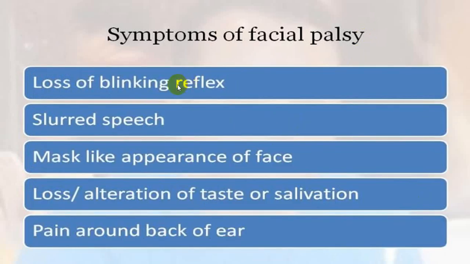So loss of blinking of the eye, slurred speech, mask-like face appearance, loss of taste sensation and salivation also, and pain around the back of the ear. This is classical in case of a lower motor neuron palsy.